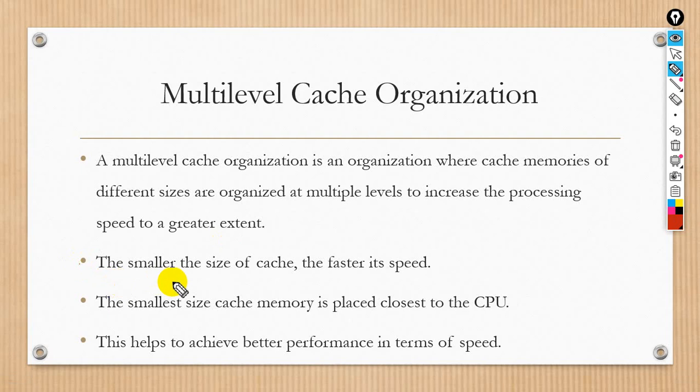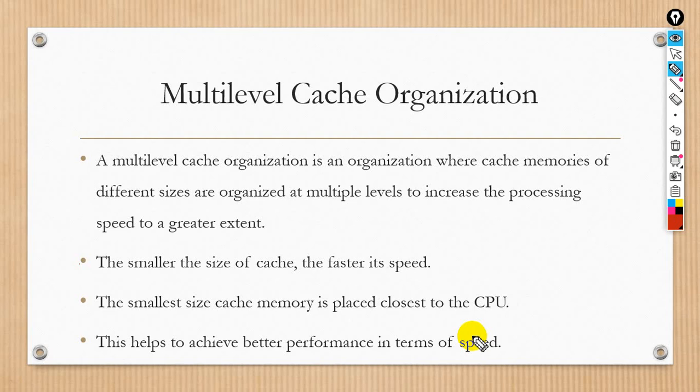The smaller the size of the cache, the faster its speed. The smaller size cache memory is placed closest to the CPU. This helps to achieve better performance in terms of speed. What does it mean? It means that when we use different sizes of cache memory with the CPU, that is the multi-level cache organization.